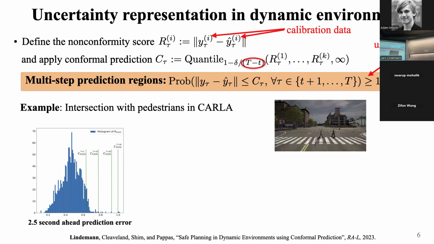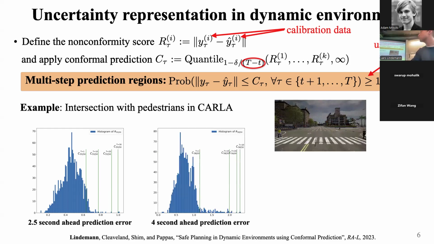What you can see here in green, importantly, are these quantiles, the size of the prediction regions for different mission horizon times capital T. Here 1, 10, 20, and 30. Like I said, they're all statistically valid, but as you select a larger mission horizon, these regions get more conservative, because you're doing exactly this union bounding, using Boole's inequality.